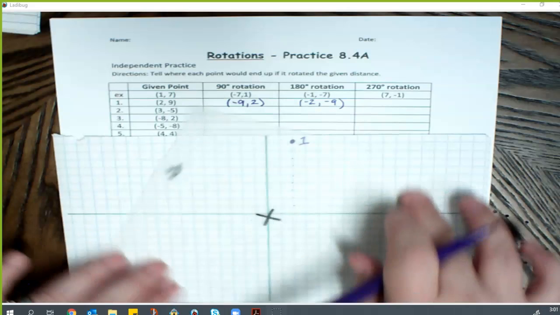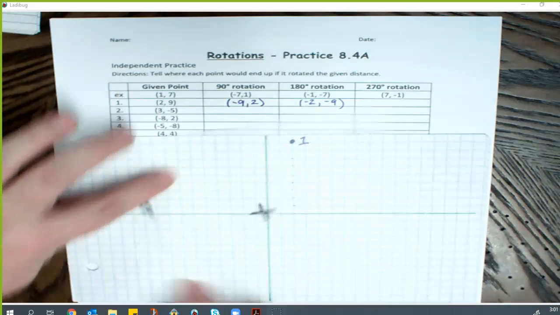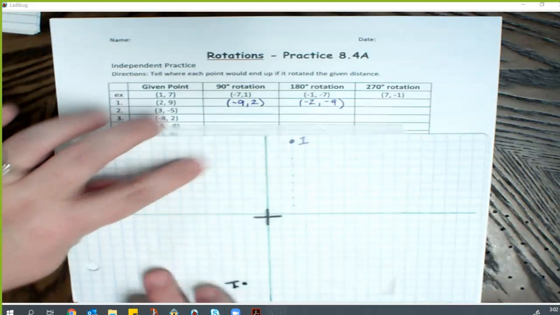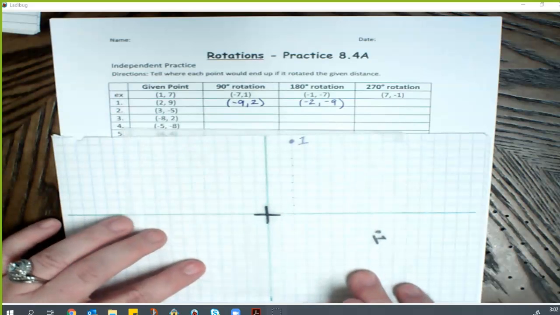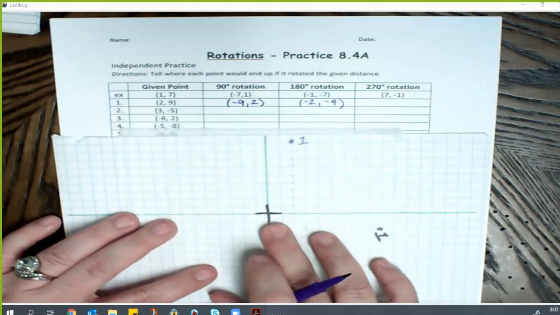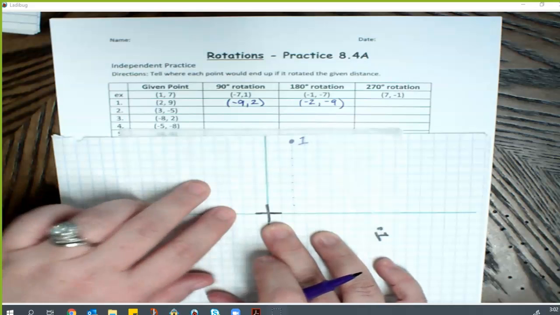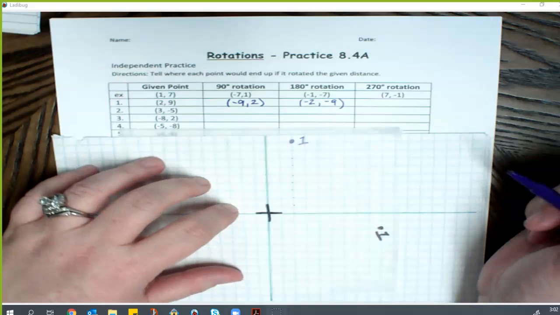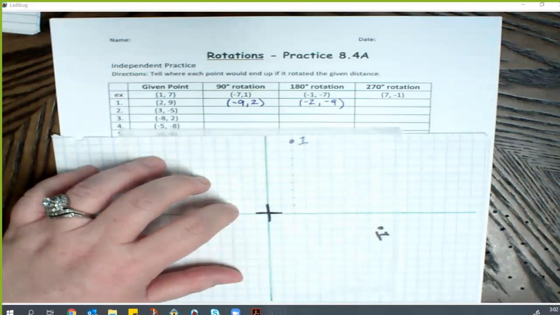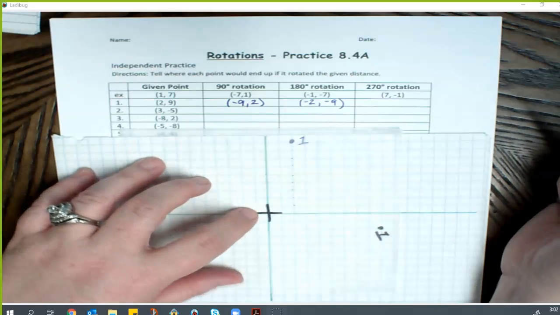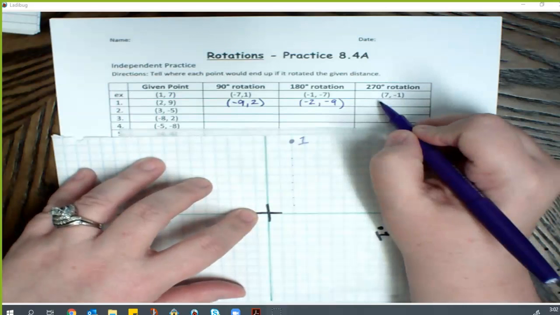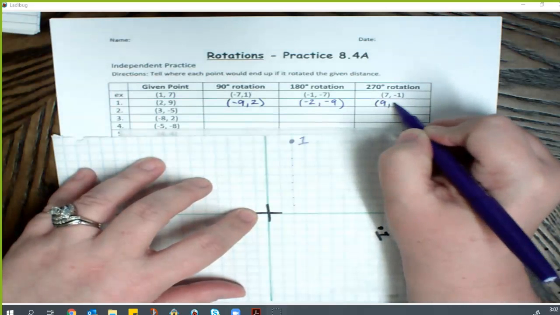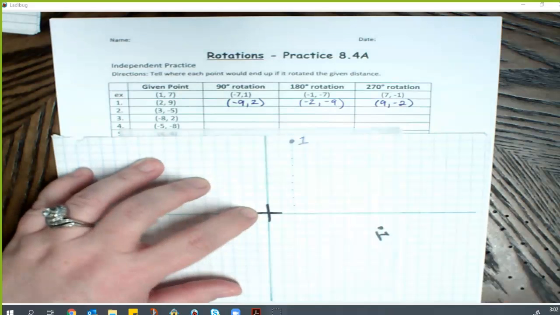All right. 1, 2, 3, and line it up. What is the ordered pair? 9, negative 2. 9, negative 2.